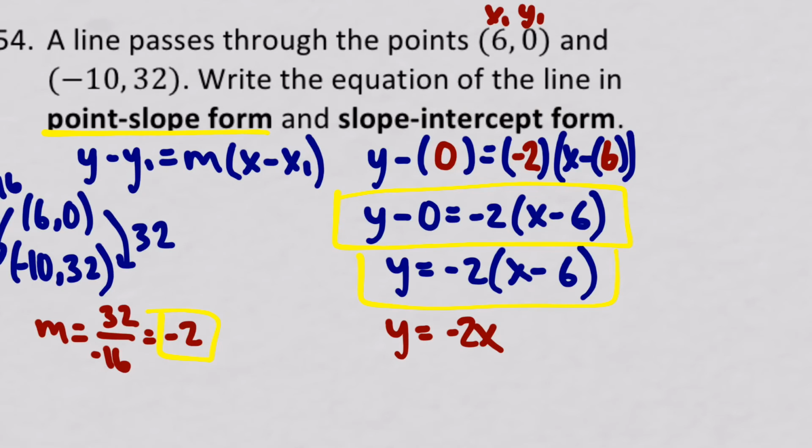Negative 2 times negative 6 will give me positive 12. And that is slope-intercept form. Okay, so both of the two first ones that I put in a box are point slope form. The last one is slope-intercept form.